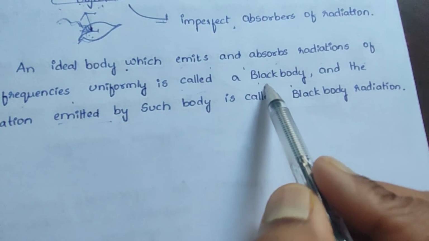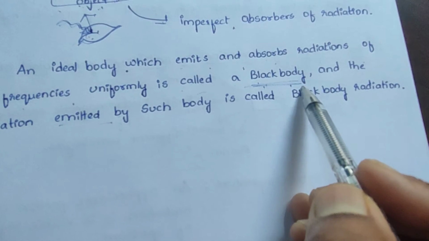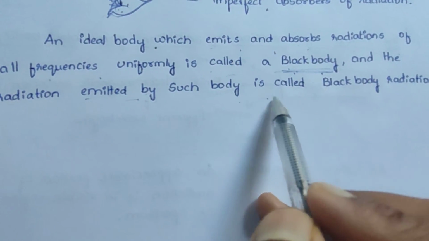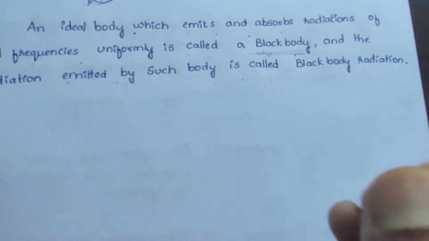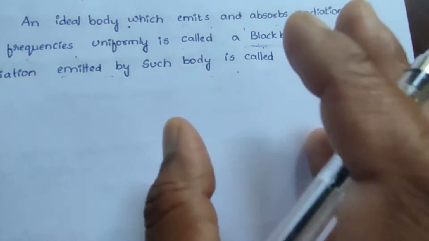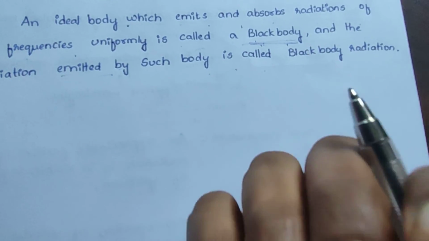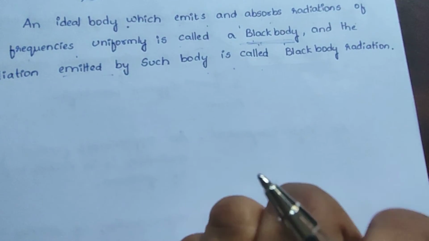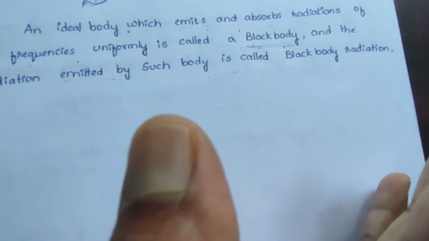Then that ideal body is referred to as a black body, and the radiation emitted by such a body is called black body radiation. Means whatever energy you supply, all of it will be absorbed and emitted back.